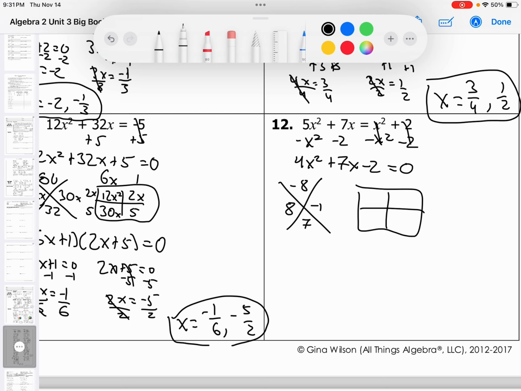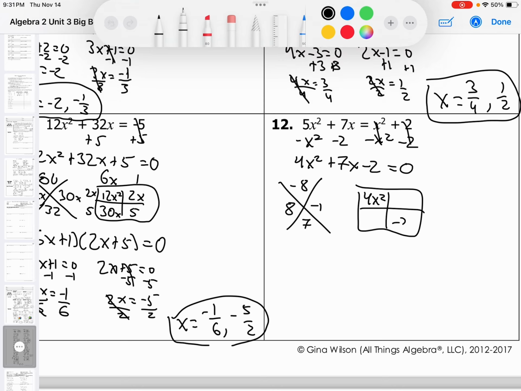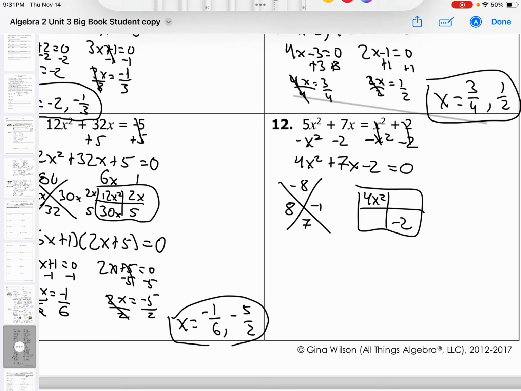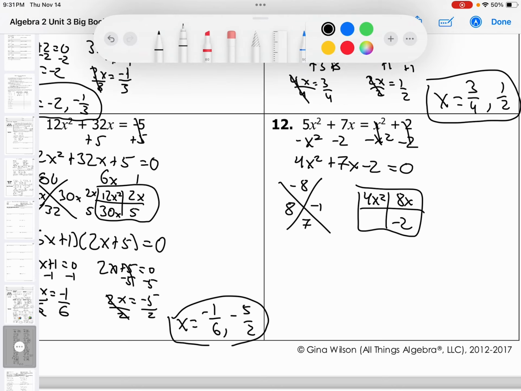For the box, we would have 4x squared and negative 2, and then 8x and negative 1x, or you could put just negative x. 4x squared and negative x would have x in common. 8x and 2 would have 2 in common, so x plus 2 will be my first factor. And then 4x squared and 8x will have 4x in common. Negative 1x and negative 2 will have negative 1 in common. So we're going to have 4x minus 1 as my other factor.